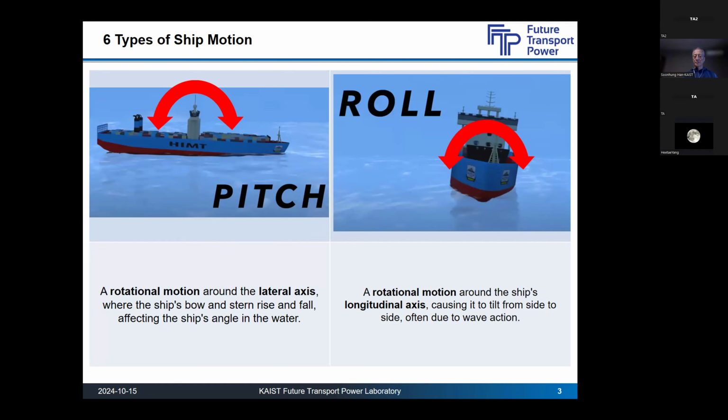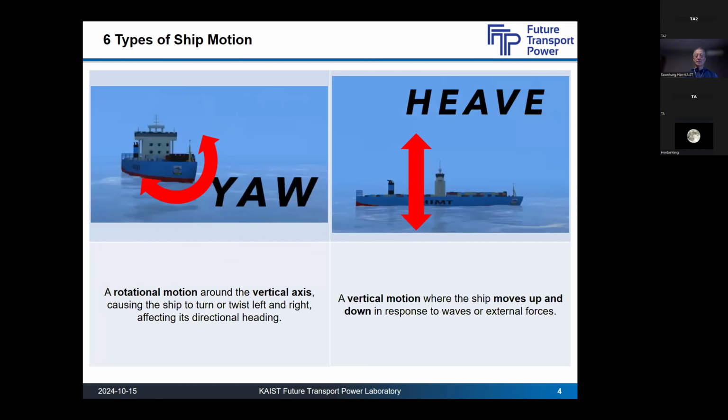It's also a rotational motion, but around the ship's longitudinal axis, causing it to lean from side to side. The third one is yawing, also a rotational motion, but around the vertical axis, causing the ship to turn, twisting left to right, affecting its directional heading.